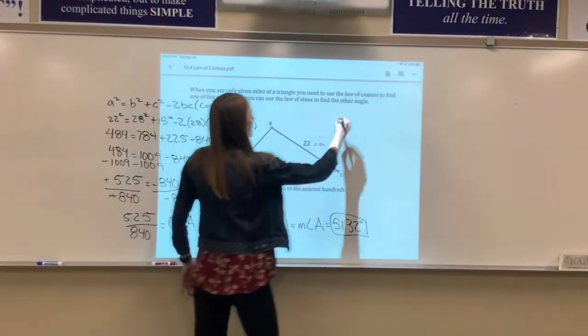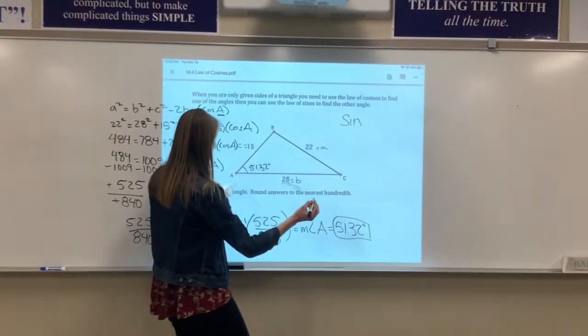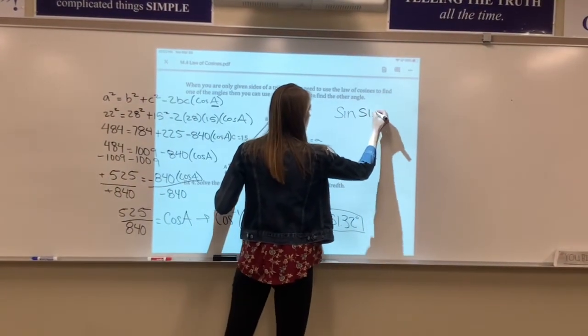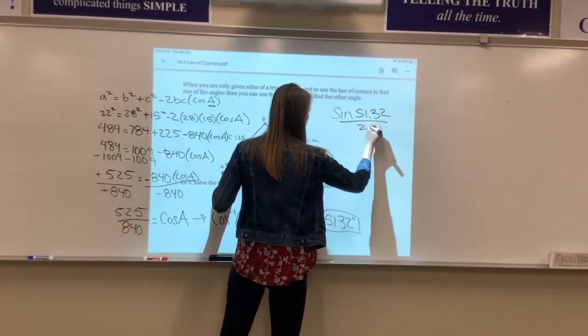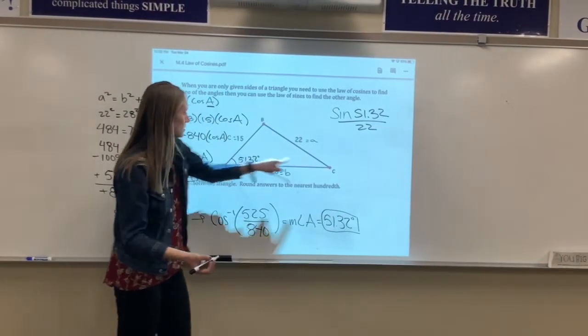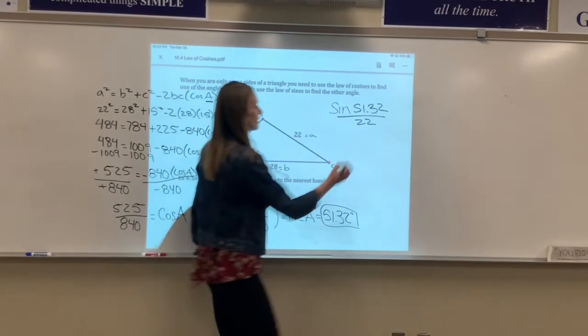But that's okay. So sine of angle A, so 51.32 over 22, which is side length A, equals sine C over 15.